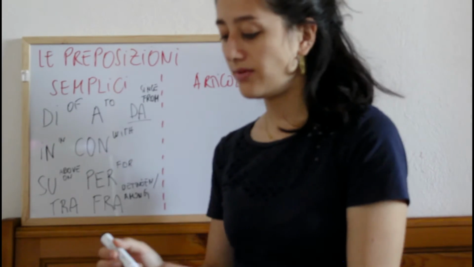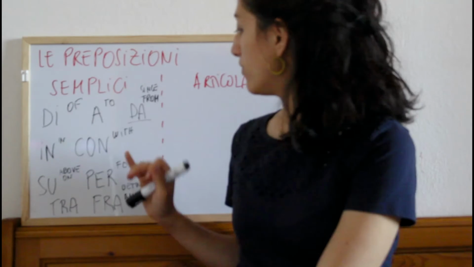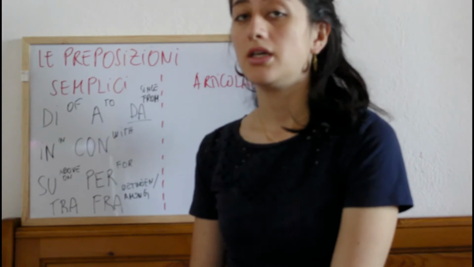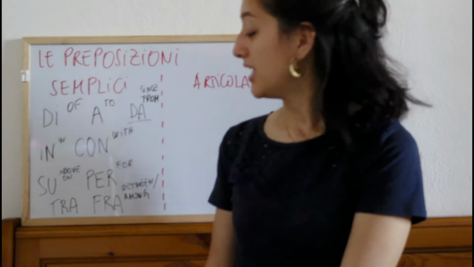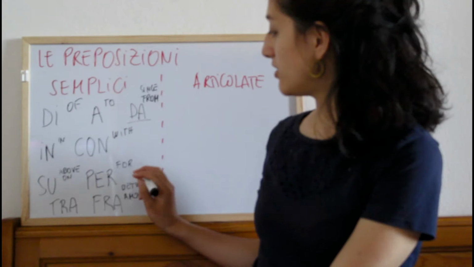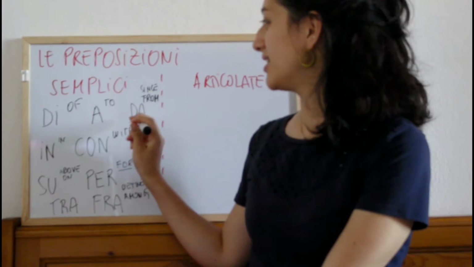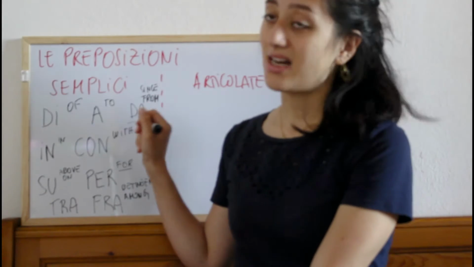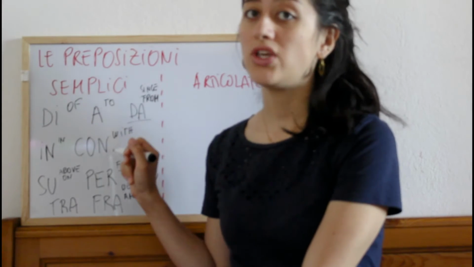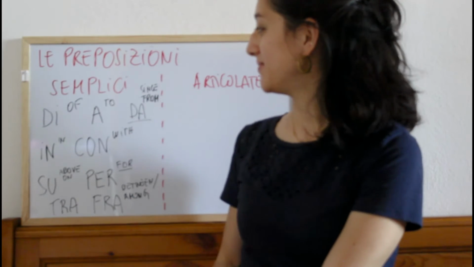If you say I live here for 3 years, you see that in English you use for, but in Italian you still use da. Io vivo qua da 3 anni.